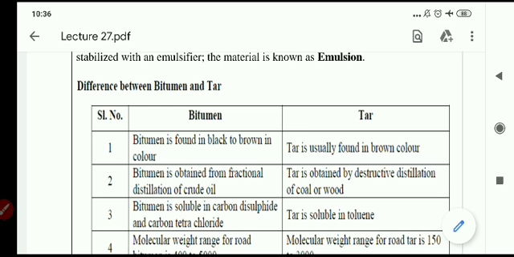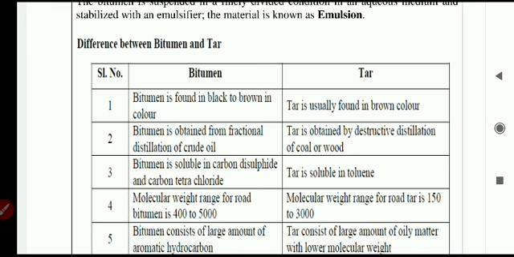Both bitumen and tar are used for the top surface and are maximum exposed to nature. They should have maximum resistance to the environmental effects. Out of bitumen and tar, bitumen has maximum resistance to environmental effects, so only bitumen is considered the ideal one.